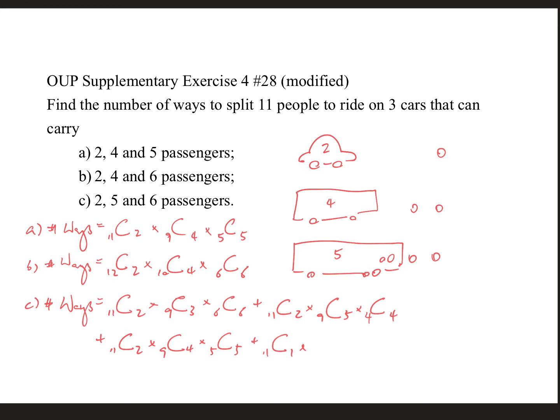So 10 plus 1 makes 11 people to sit in the 5 seats. And the rest of the 6, including maybe the invisible person, sit in the last one. So this is the answer for part C.